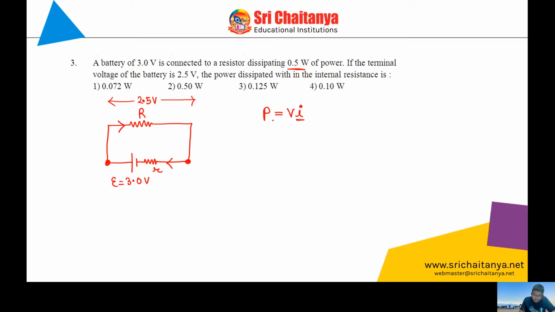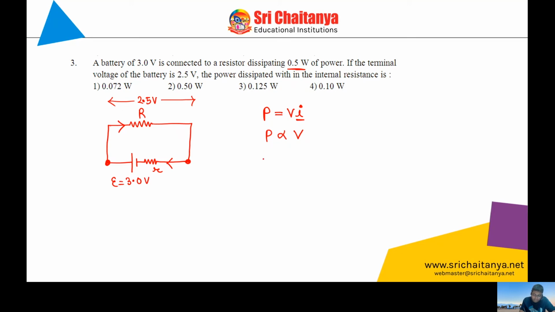Since the current passing through both the resistors, the external resistor as well as internal resistor, is same, we can simply conclude that P will be directly proportional to V, where V is the voltage across the given resistors.